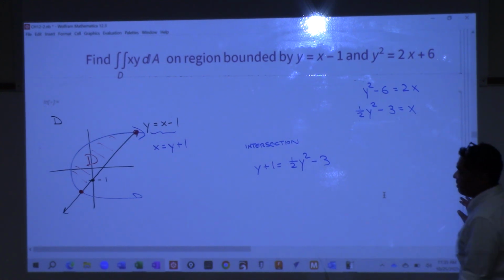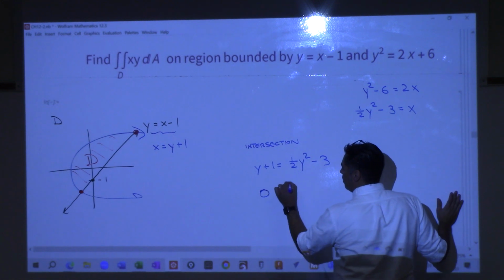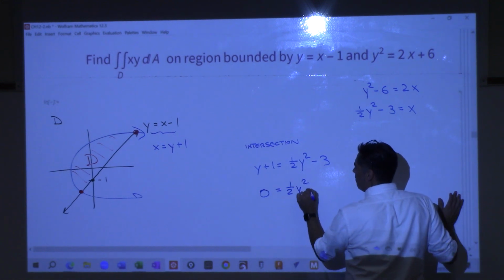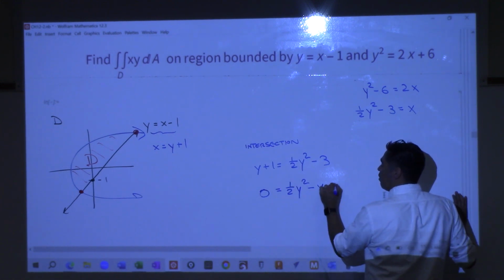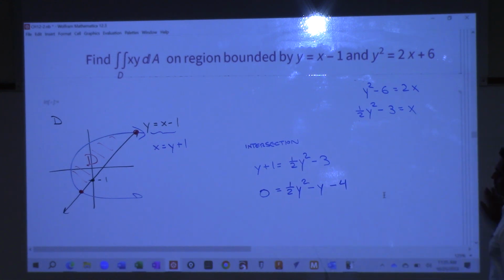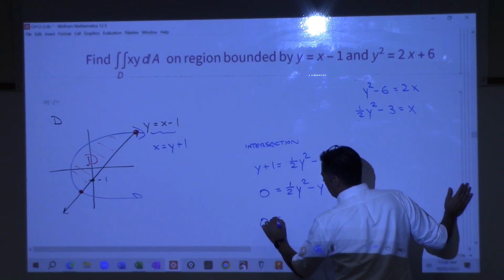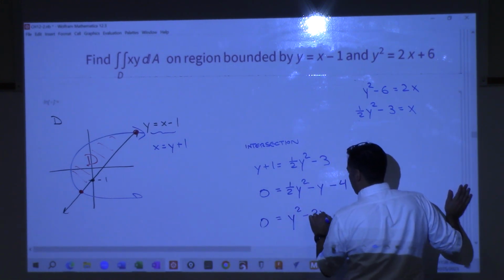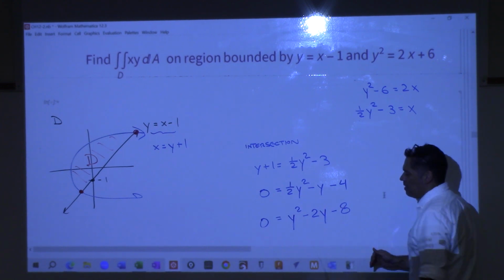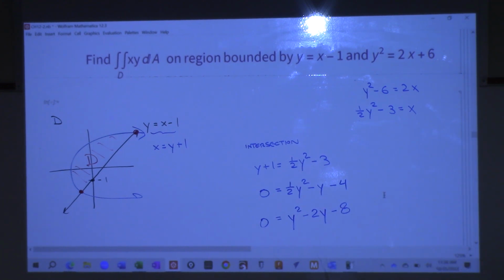We should be able to get everything to one side: 0 equals 1/2 y squared minus y minus 4. If it were me solving this, which I am, I'm going to just multiply both sides by 2 first, just so I can clear the fraction. I don't like the fractions.